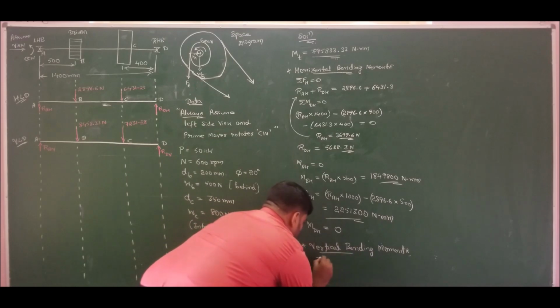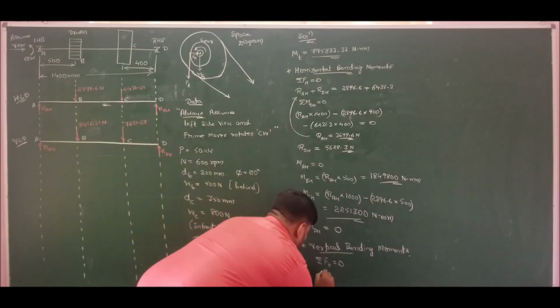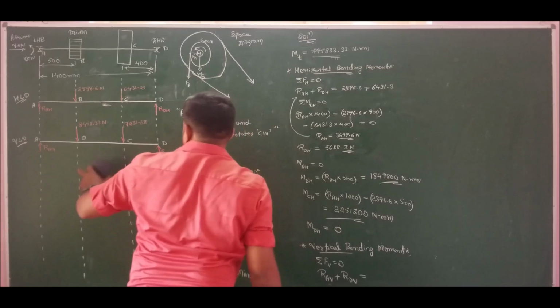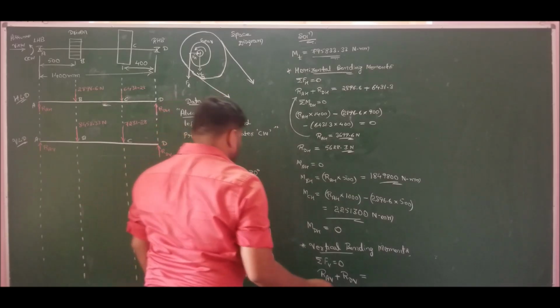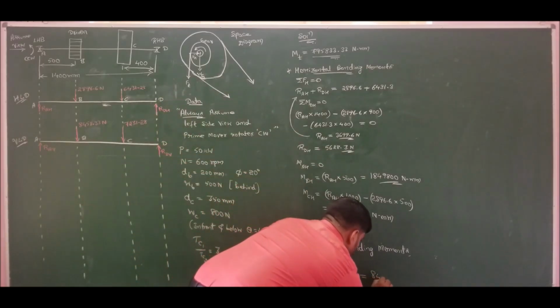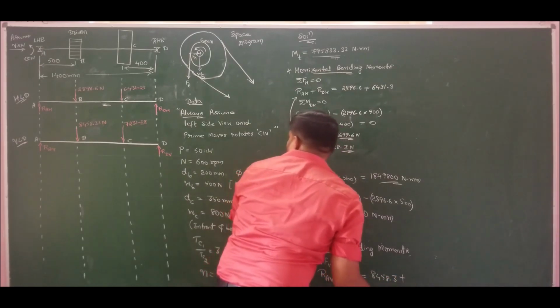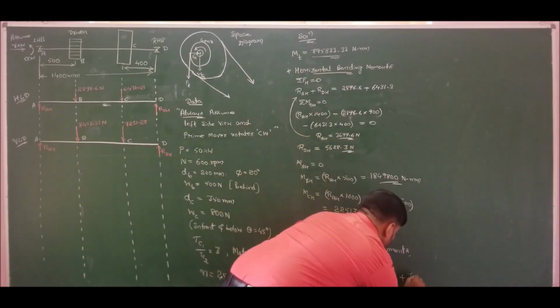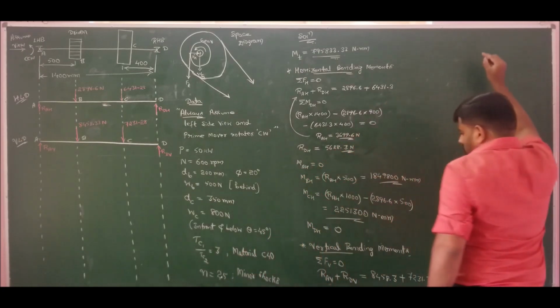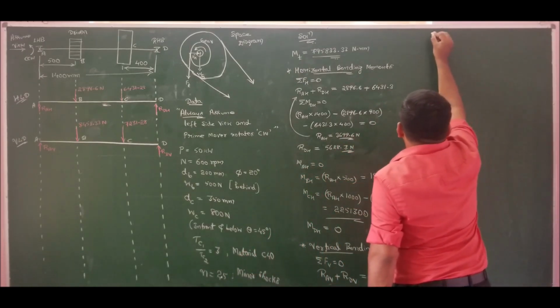So I should take summation of force acting vertical as 0. If I do that, I will get RA vertical plus RD vertical is equal to 8458.3 plus 7231.3. Now I should take moment about the right support and equate it to 0.